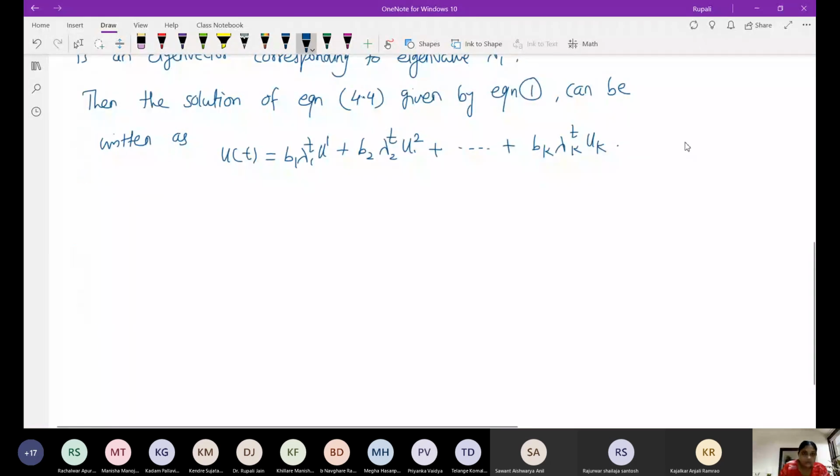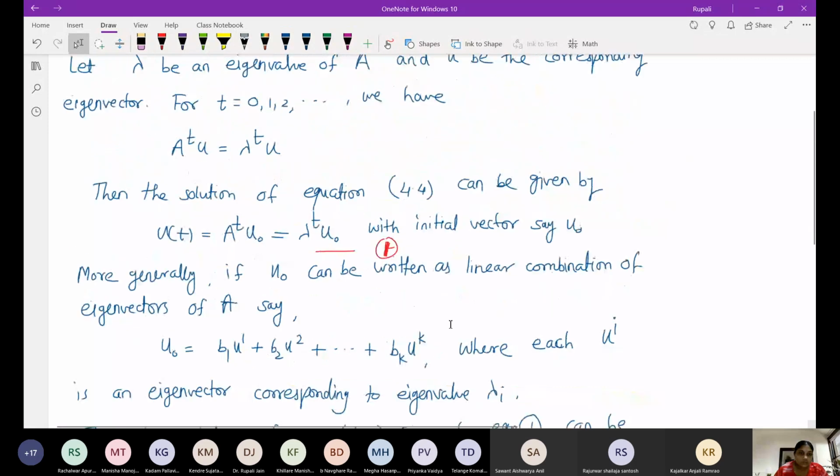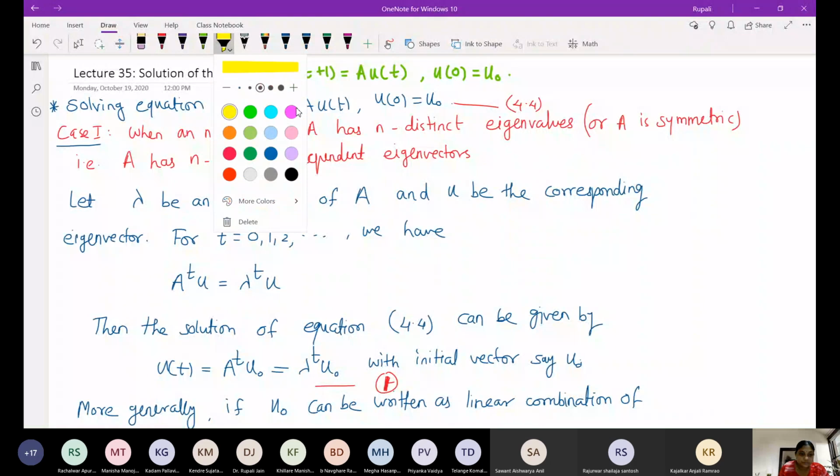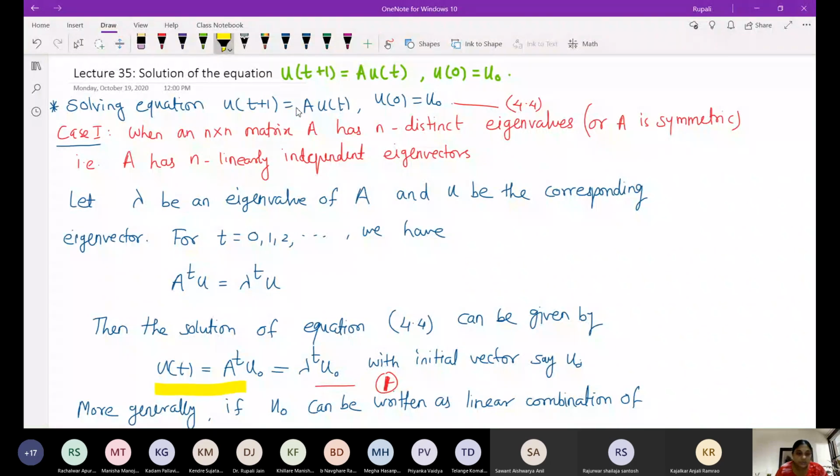Is it okay? We know that if A is independent of t in equation 4.4, then its solution is given by A raised to t u0, right? This one, equation 1. A raised to t u0 is nothing but lambda raised to t u0, where u0 is my initial vector, right?